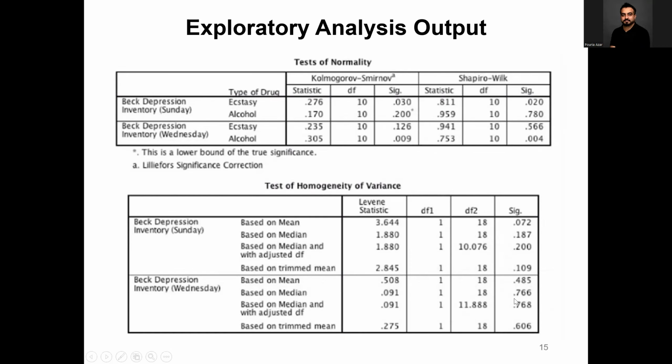The variance of depression scores between the two groups, alcohol and ecstasy, is similar to each other. The variance of the two groups for Sunday and for Wednesday is not statistically significantly different from each other. So that assumption is met.